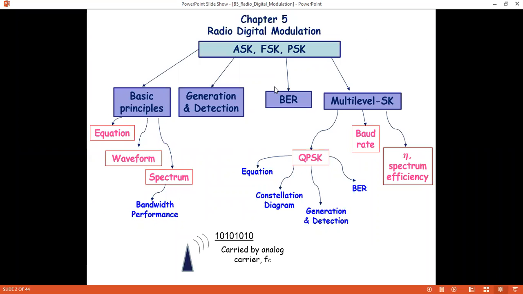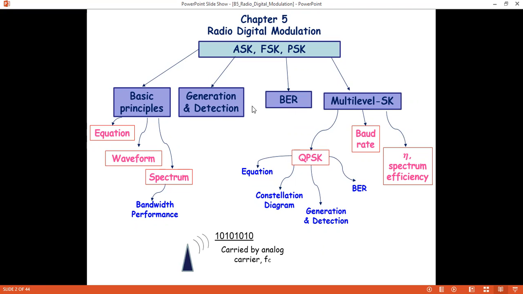Okay, so we look at, you need to know the equations, waveform, spectrum for ASK, FSK, and PSK. So how to generate and detect, and then the bit error performance. And also for this, you need to be familiar with the error function table and also the simplified equation that we use to find the error function.